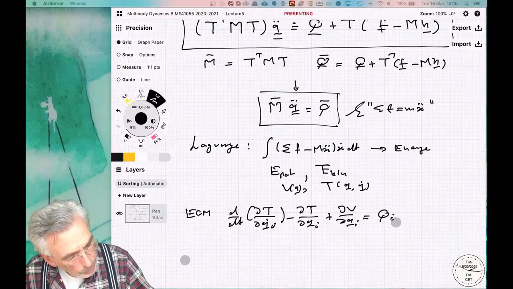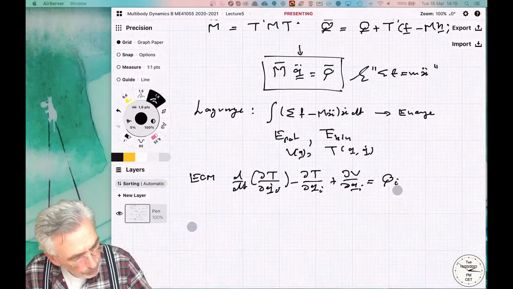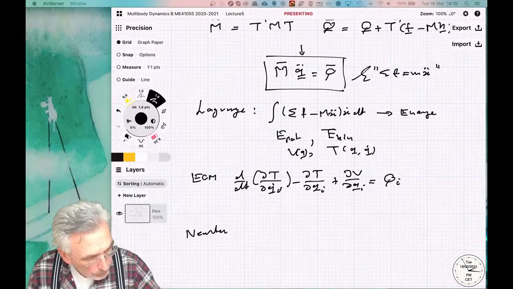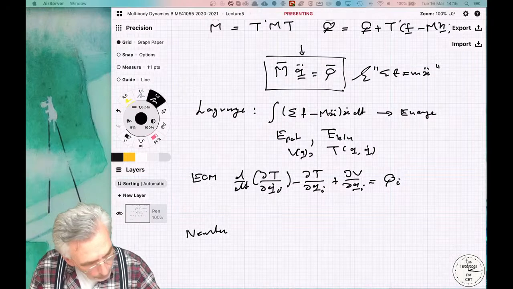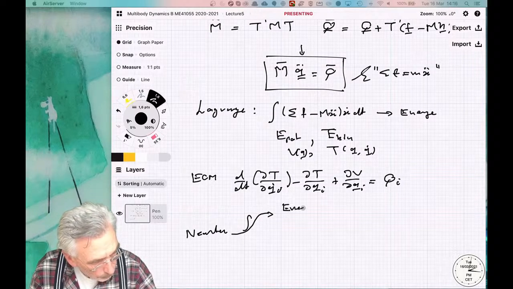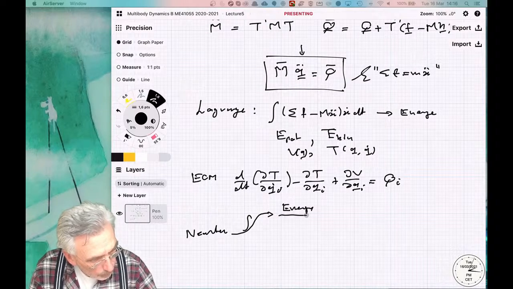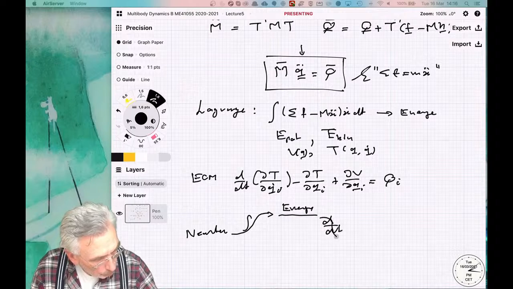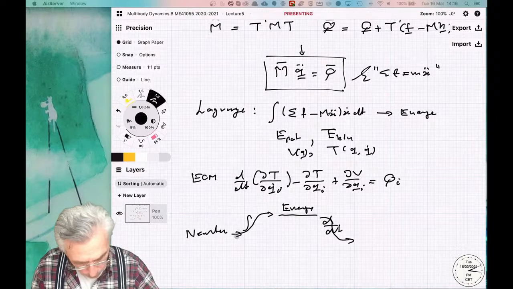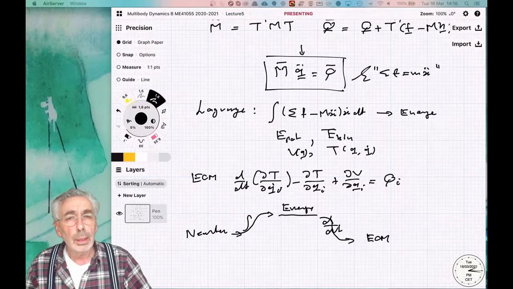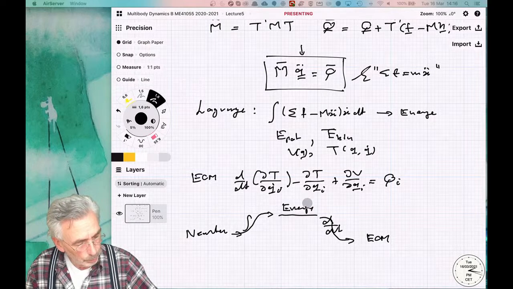If you now rethink what you are doing, you actually start with Newton, right? That's here. Then by integration you go up to the level of energy. And then by differentiation you go back again to the level of equations of motion. So it's like a rerouting: you go up and then you go down again.